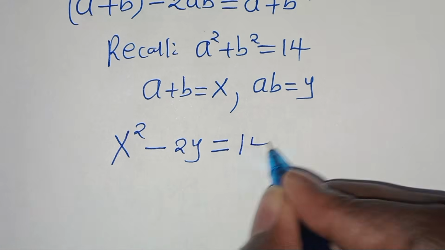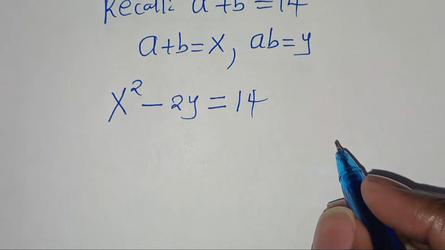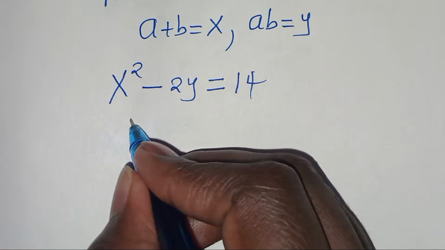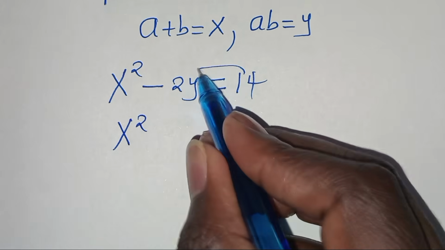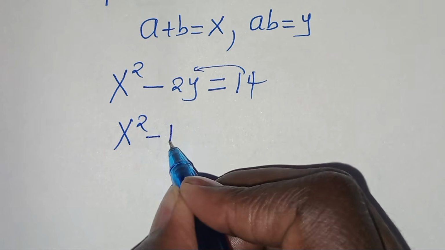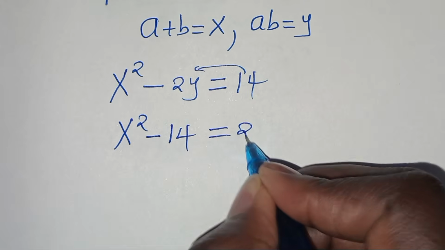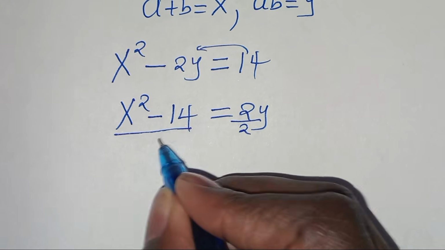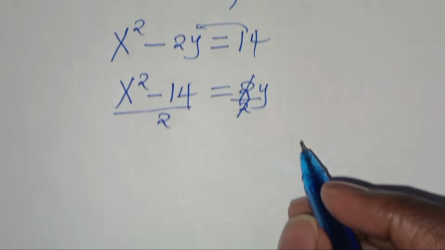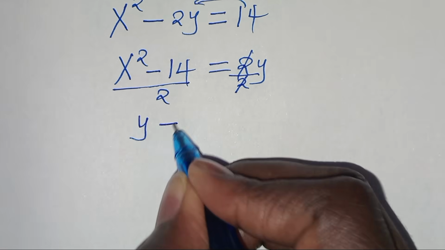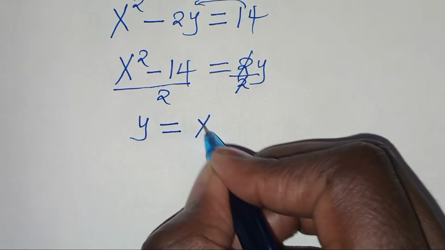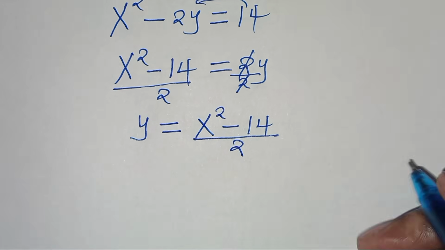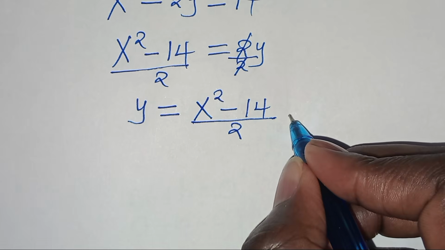So let's make y the subject of the formula. So here we have x squared. Let's take 14 on the left hand side, minus 14. This is equal to 2y. Let's divide both sides by 2. And this means that we have y. This is equal to x squared minus 14 divided by 2. Let's call this equation 4.